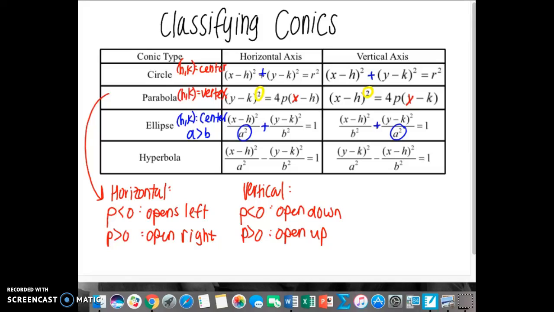And then next we're talking about hyperbolas. The biggest difference between ellipses and hyperbolas is that minus sign. Again, that h, k represents the center. And in this case, a does not have to be bigger than b.